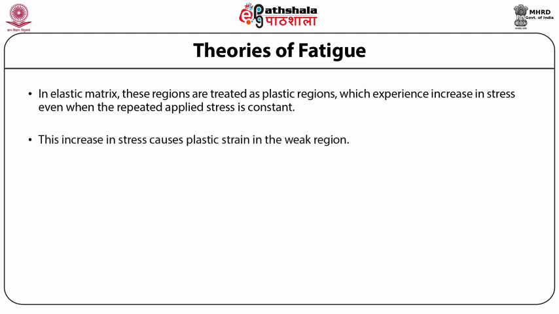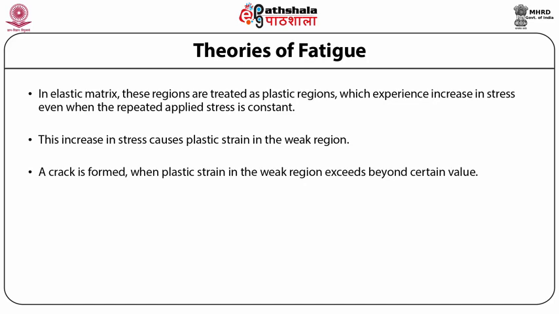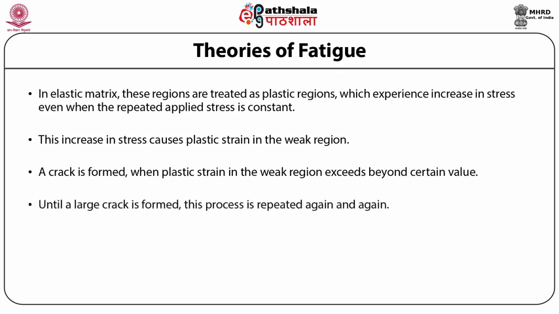This increase in stress causes plastic strain in the weak region. A crack is formed when plastic strain in the weak region exceeds a certain value. Until a large crack is formed, this process is repeated again and again.